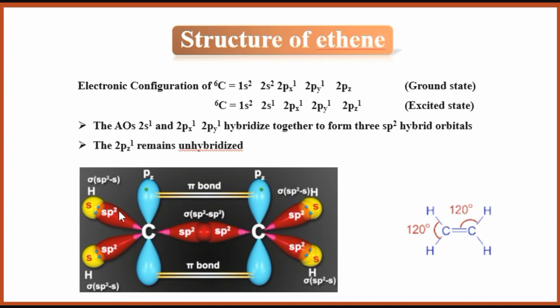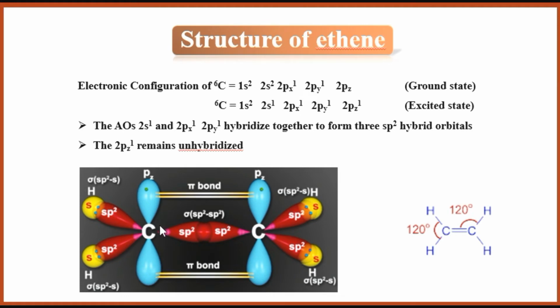In this way, the total number of sigma bonds in the compound ethene is 5. One sigma bond is common between these two carbon atoms and 2 on each carbon atom.